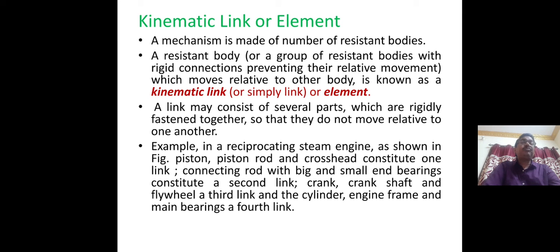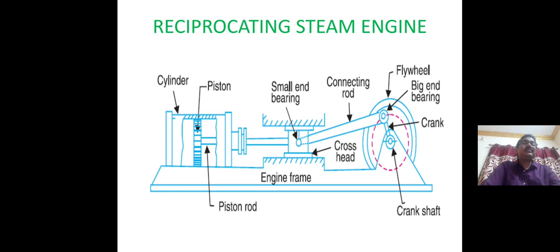Before going to the types of links, we are discussing clearly what a kinematic link or element is. Now, coming to the reciprocating steam engine, I will explain this figure. I already mentioned the various parts of the engine.